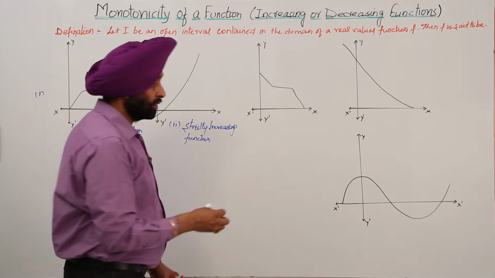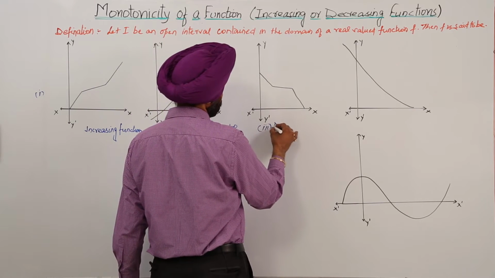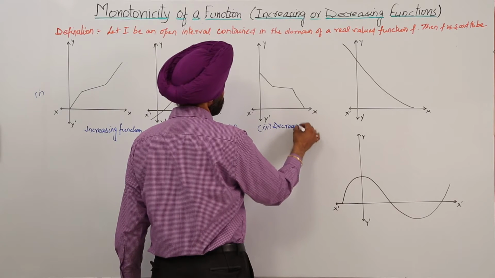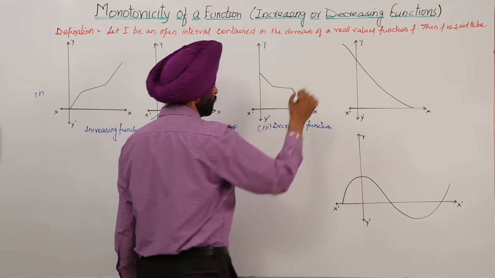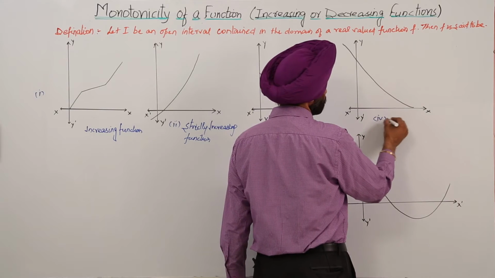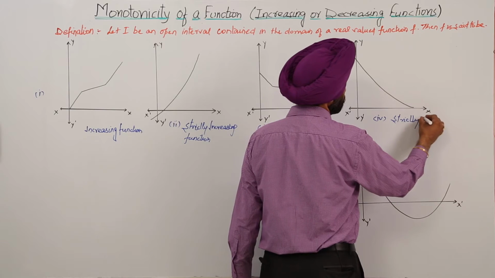Then number 3, it is called decreasing function. Number 4, it is called strictly decreasing function.